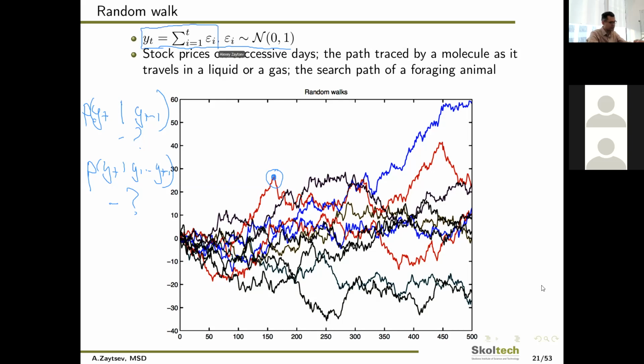We generate each next yt on the basis of adding a random noise at each time step. So we are interested in the conditional distribution p of yt given yt minus 1. What will be the density for this distribution?